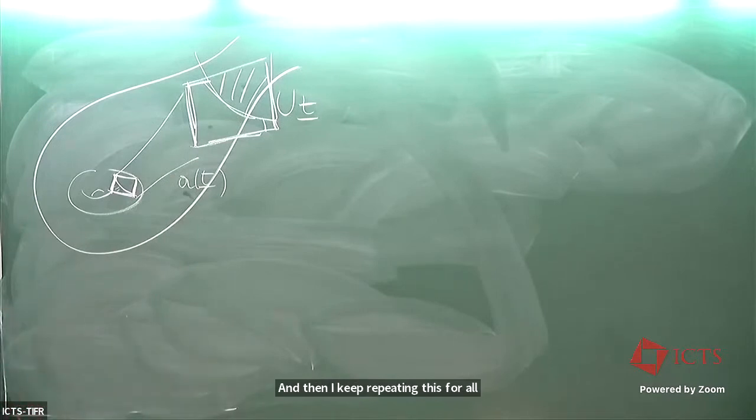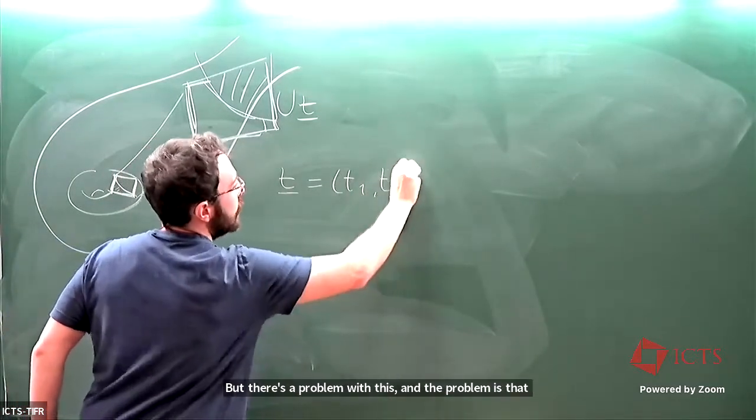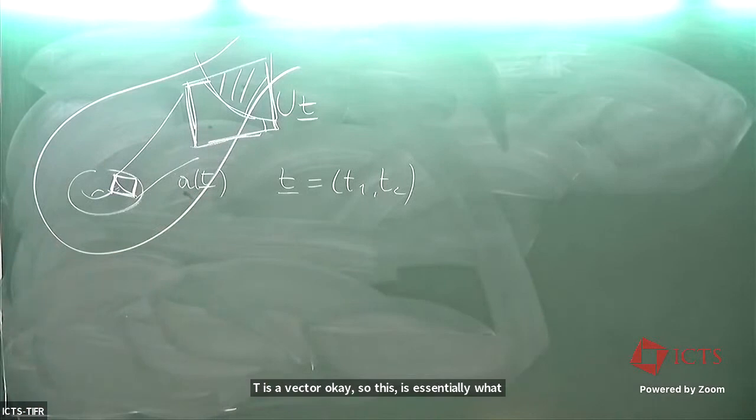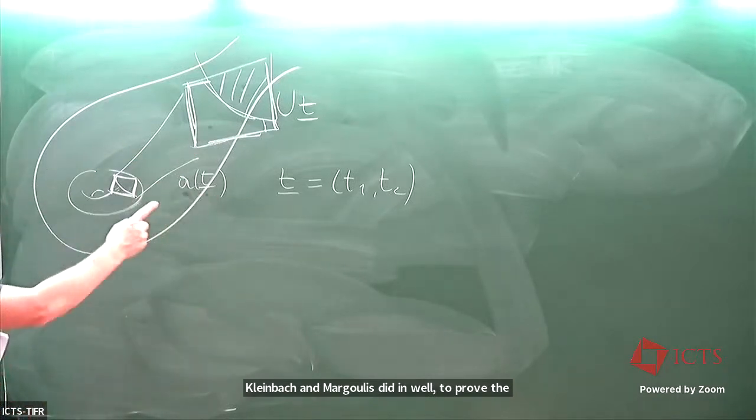But there's a problem with this, and the problem is that t is a vector. This is essentially what Kleinbock and Margulis did to prove the analogous case of a one parameter flow. But here you have a vector.